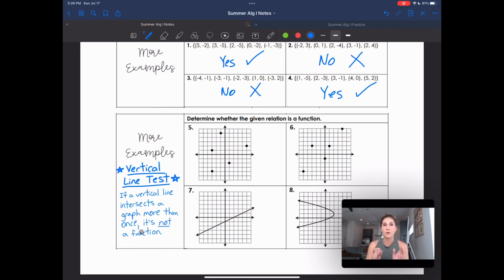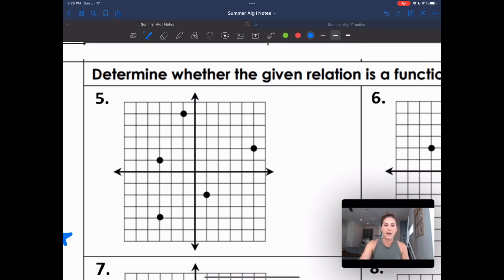There is something when it comes to determining if a graph is a function, something you should check called the vertical line test. It says if a vertical line intersects a graph more than once, it's not a function. Let me show you how this works. Number 5 here, if you can draw a vertical line anywhere on the graph and it hits the graph in more than one point, then it's not a function.